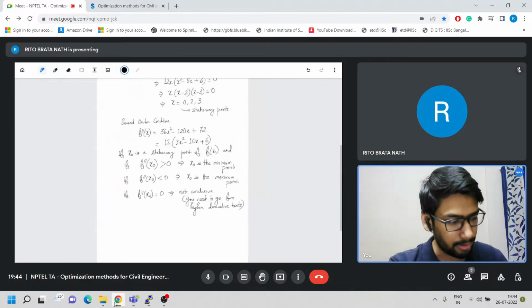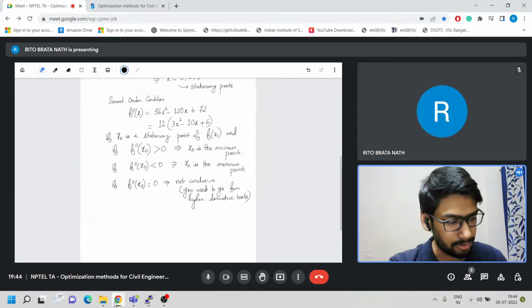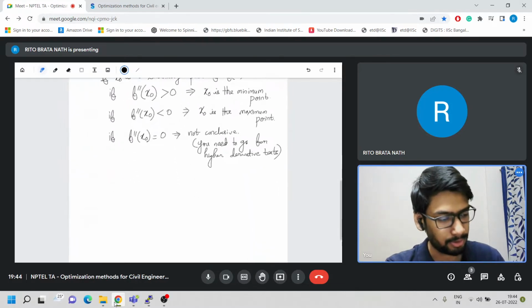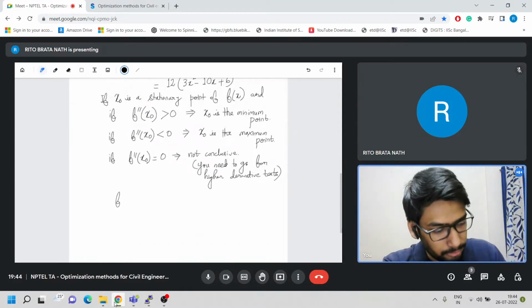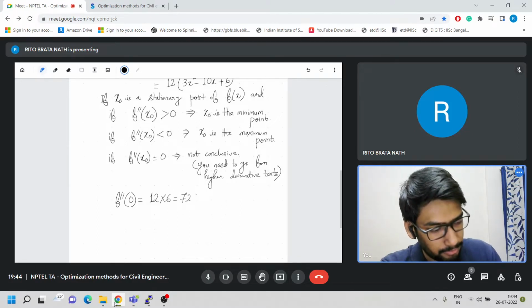So now let us look at this function. It had 0, 2, and 3 as the stationary points. If I put f double prime 0, it will give you 12 multiplied by 6, that's 72. So this is a minimum point.